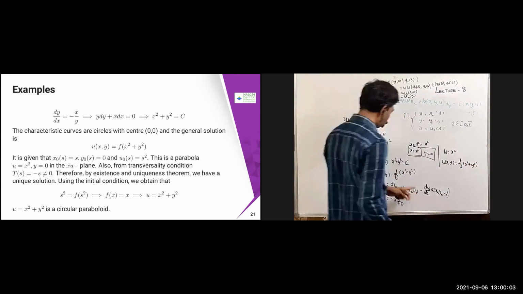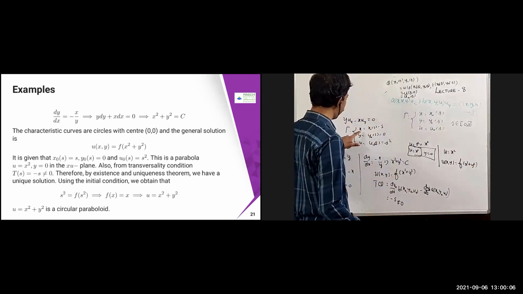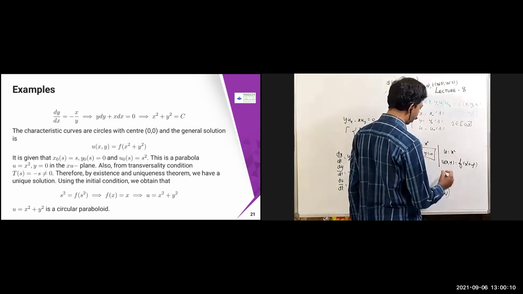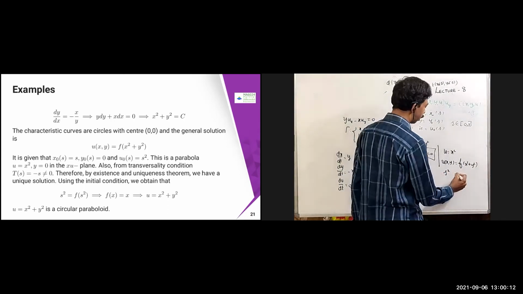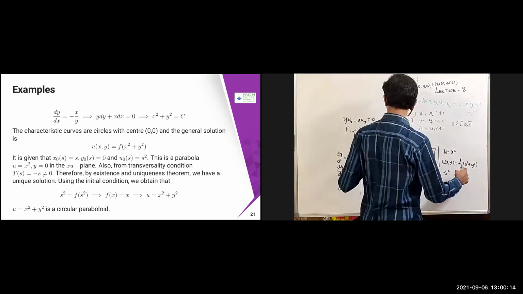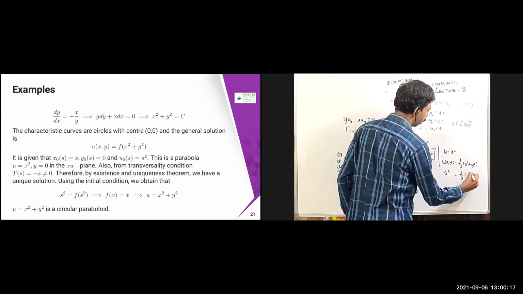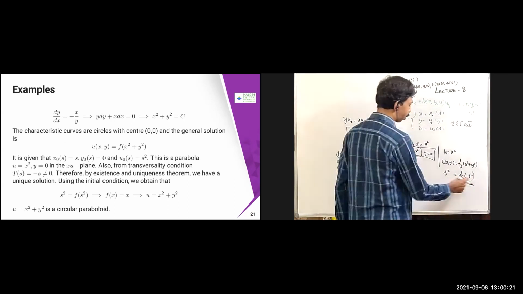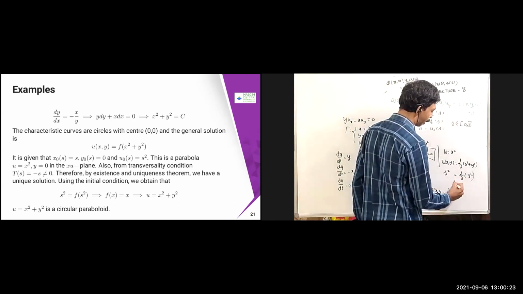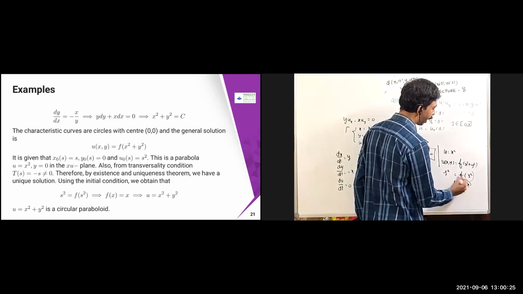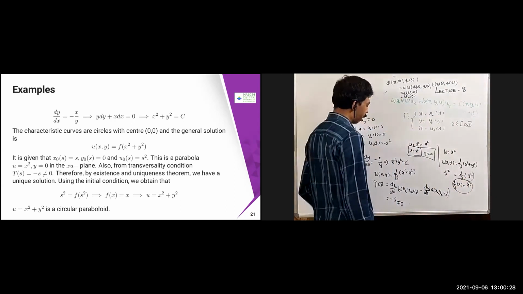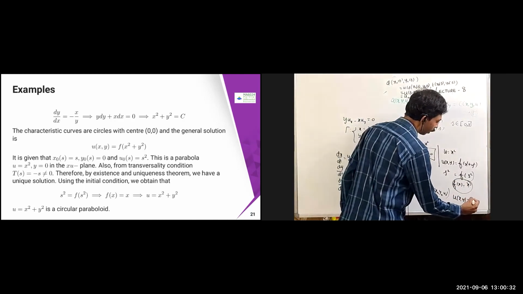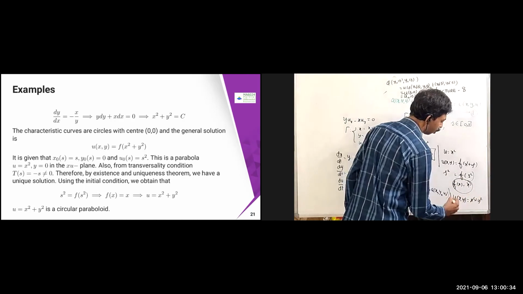According to the initial condition x equal to s and y equal to 0, u is going to become s square, and this is going to become f of x square, which is s square plus y, with y being 0. So f of x square equal to x square means f of x equal to x. That means it is the identity. Therefore, you are going to get u of x, y equal to x square plus y square. So this is your solution.